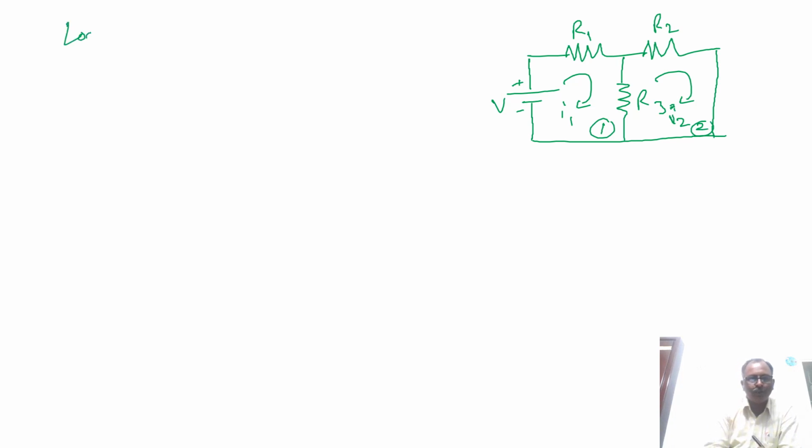So for loop 1, the loop equation is given by R1 into I1, the voltage drop in R1 resistance, then we cross R3 resistance. R3 is a common resistance for loop 1 and loop 2, so the currents I1 and I2 both are flowing through the resistance R3.